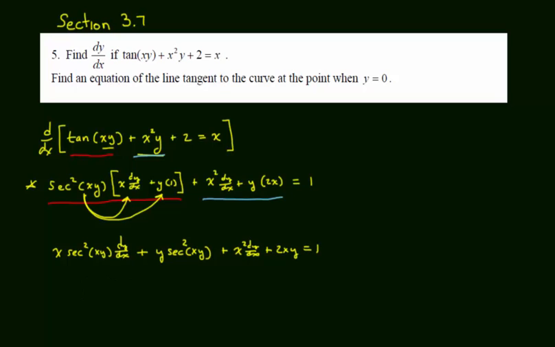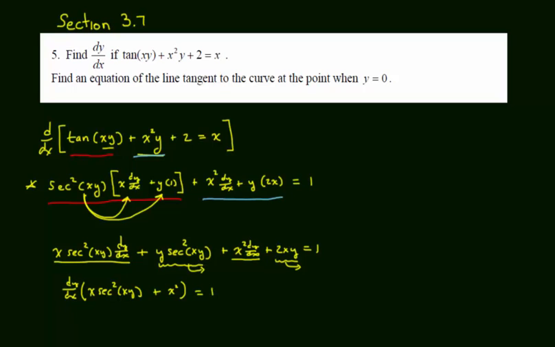So the goal is to isolate dy/dx. So I'm going to factor dy/dx out of x secant squared xy. See, this term has a dy/dx in it, and this is the other term that has it. So plus x squared. And then I need to bring the other pieces to the other side via subtraction.